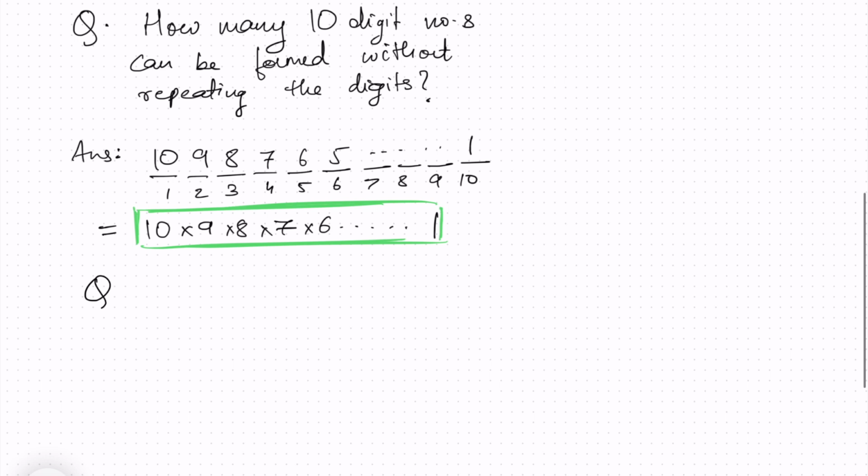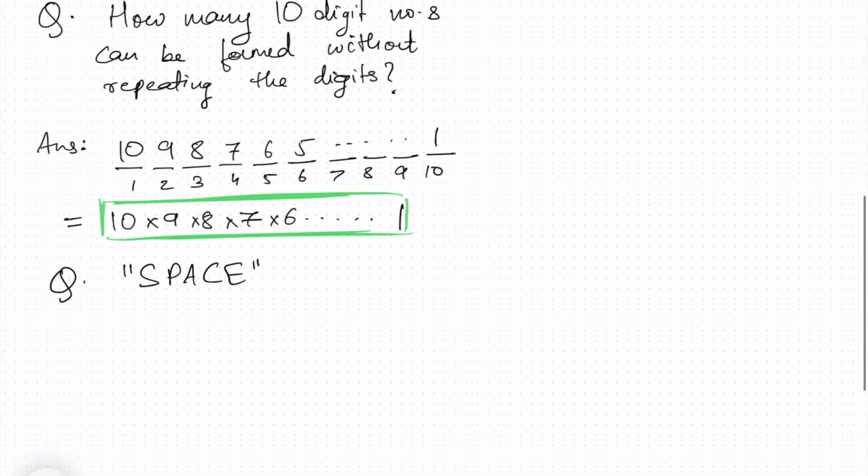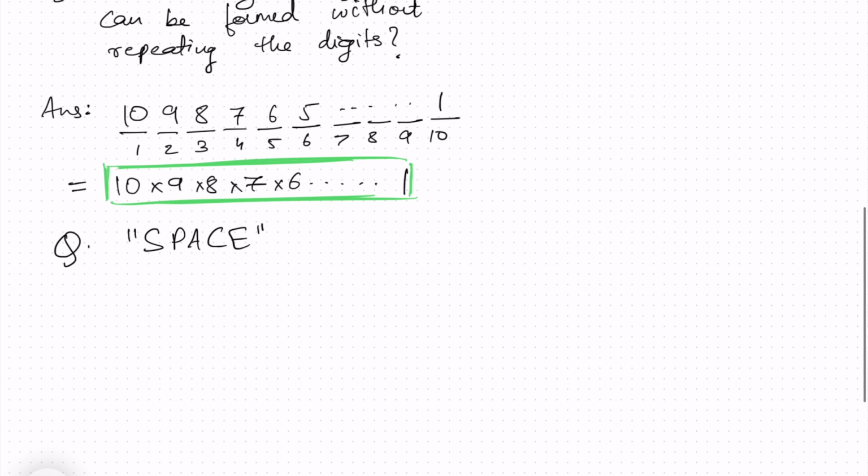Another problem was the word space. I had given the problem the word space. How many anagrams of this word can we form? That is, in how many ways can we arrange the letters of this word to form a new word, provided again repetition is not allowed. So again, 5 spaces because there's 5 letters.